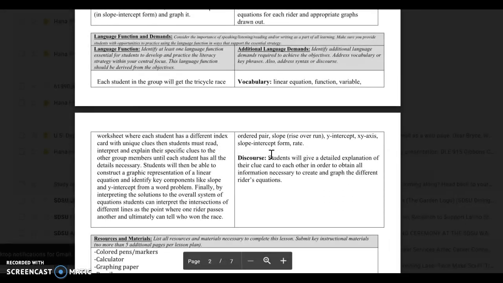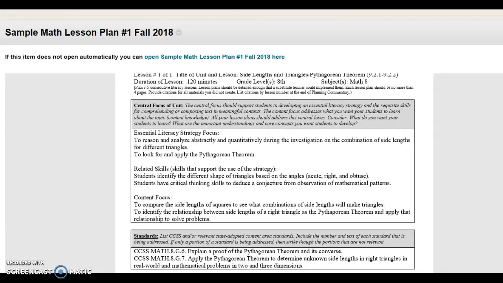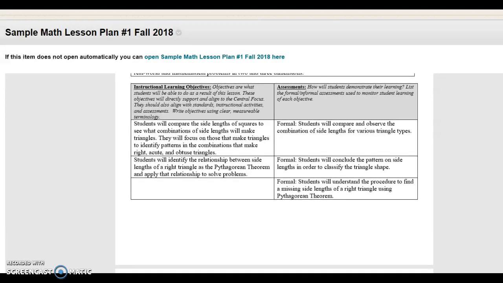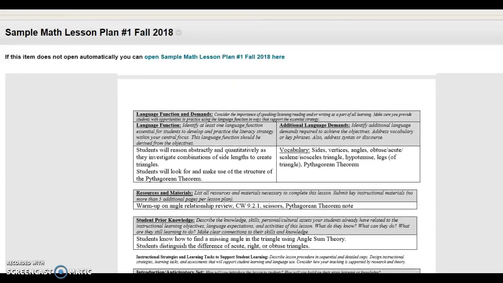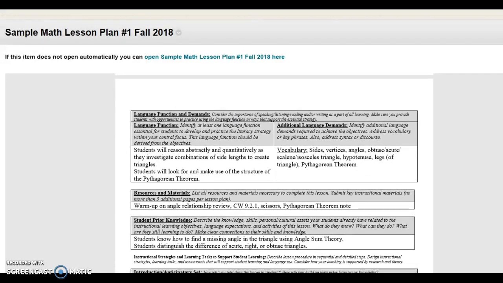Furthermore, we have the language function and demands. Again, I used the templates, the samples that you gave us, to assist me with coming up with the language function and demands.